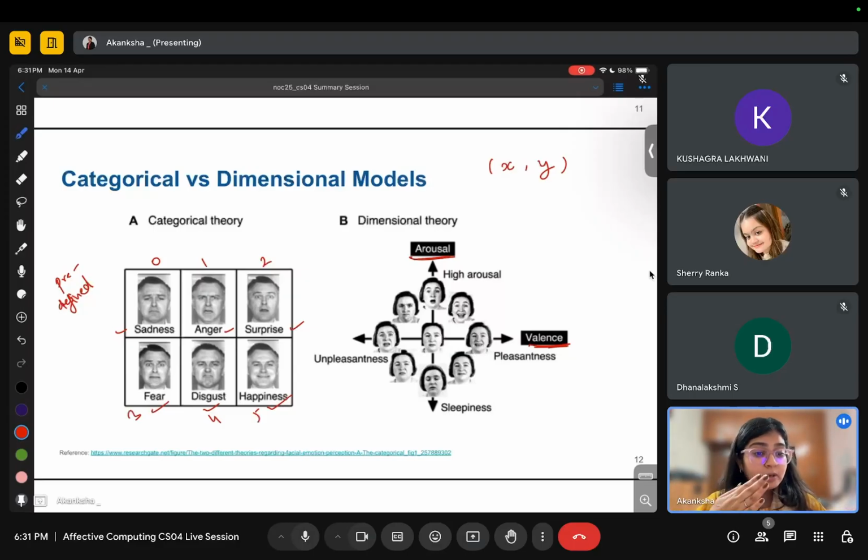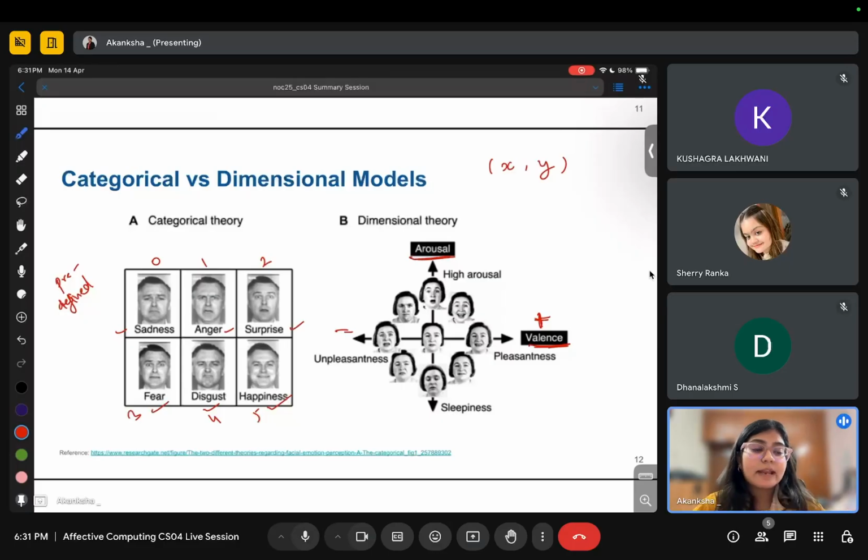If you're talking about happiness, it is a positive emotion. Relaxed is a positive emotion. Similarly, fear or anger are negative emotions. So negative emotions lie on this side and positive emotions lie on this side of this quadrant. We have just x comma y, so it is like v comma a.